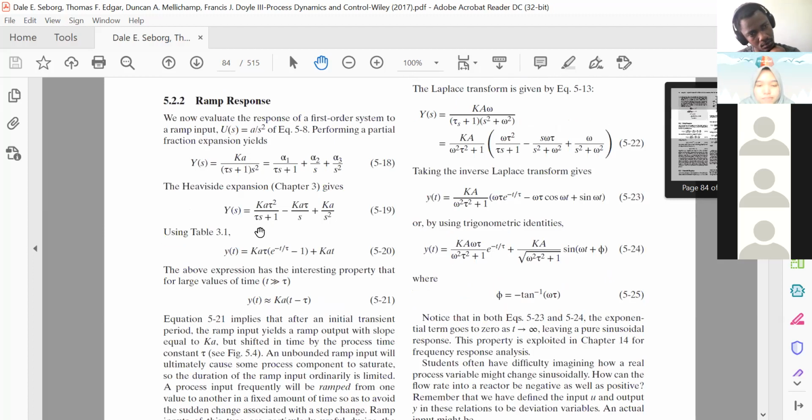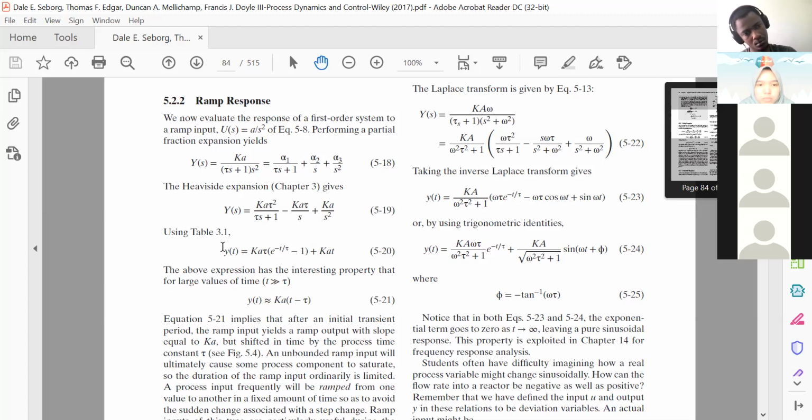For the sine function, it's going to be different. There is a lot to be discussed for the sinusoidal response. I will discuss the sine response next week.